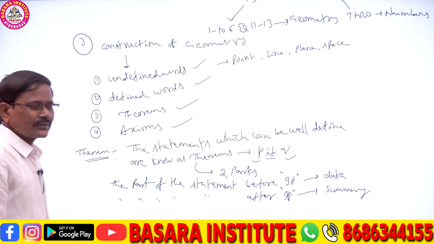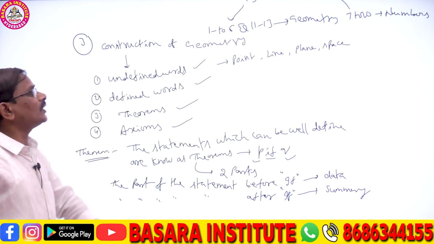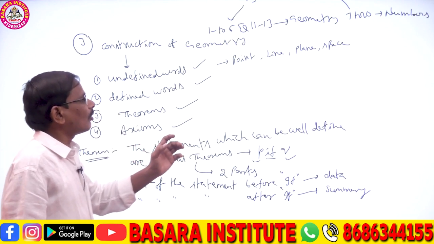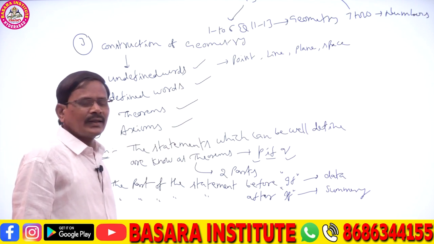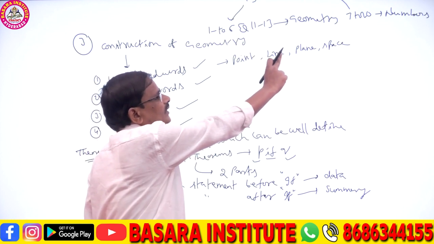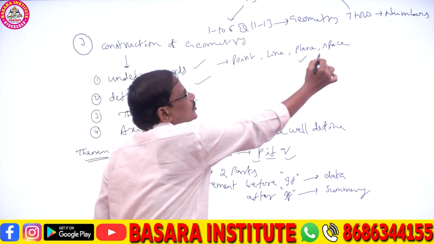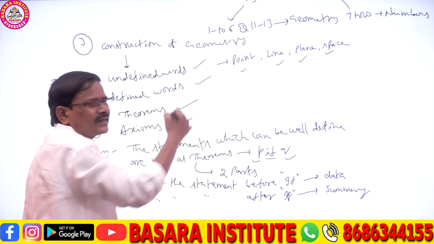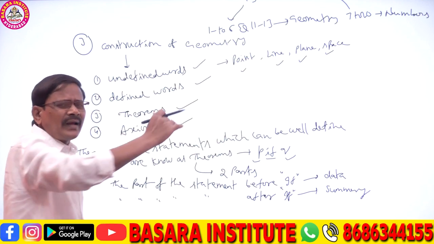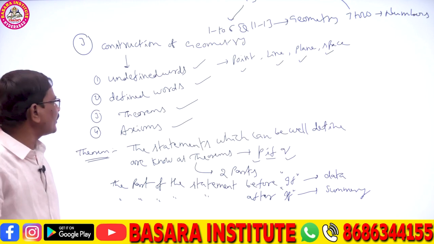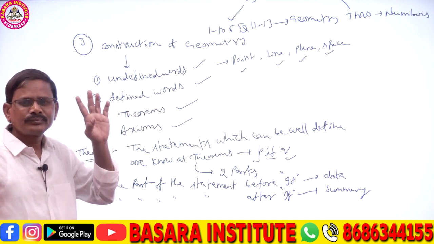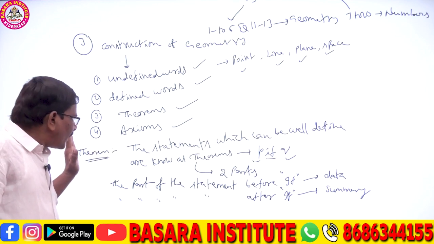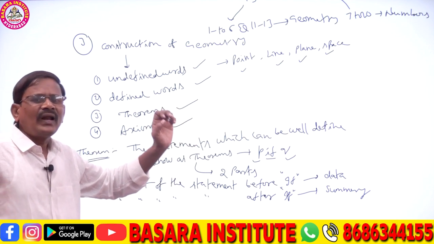Right. So, what are the undefined words in our geometry? The first one is point, the second one is line, the third one is plane, and the last one is space. Except these four terms, all remaining terms in our geometry are defined words. Now the third one, theorem. Theorem means the statements which can be well defined.